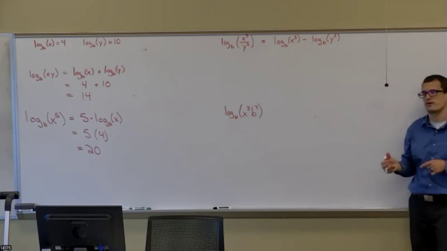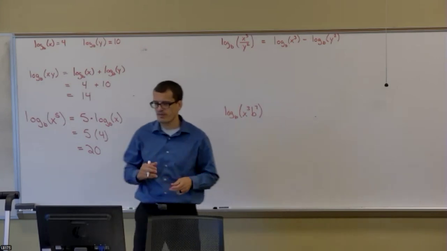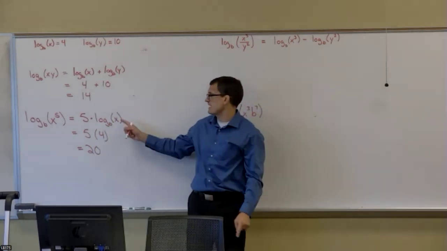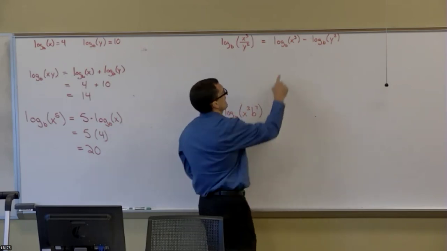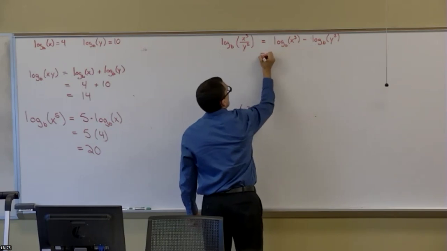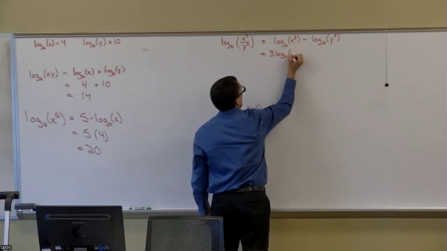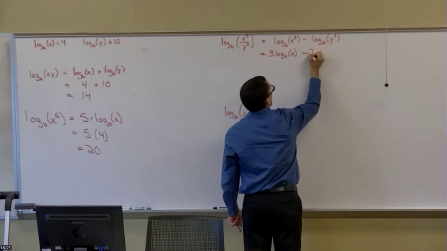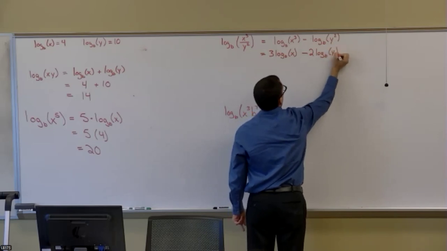Log of my numerator minus log of my denominator. And then each of these is just like this. I take the exponent out front. This is 3 times log base b of x minus 2 times log base b of y.